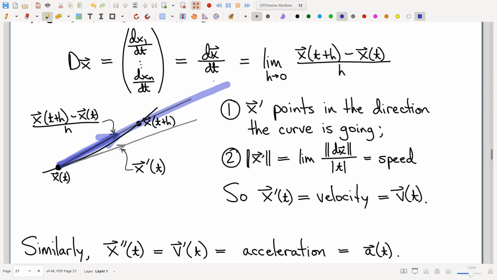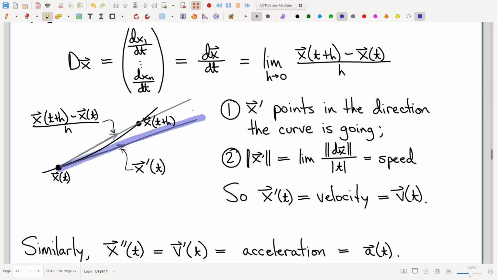And then the limit, as h approaches 0, well, this point getting closer and closer to the original point, those secant lines are going to get closer and closer. The picture's hard to draw. Closer and closer to the tangent line.